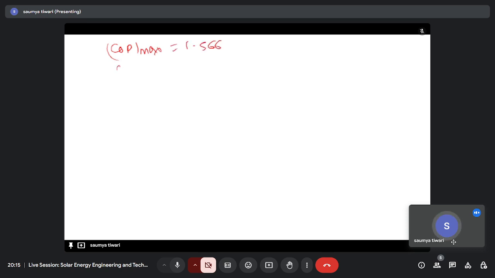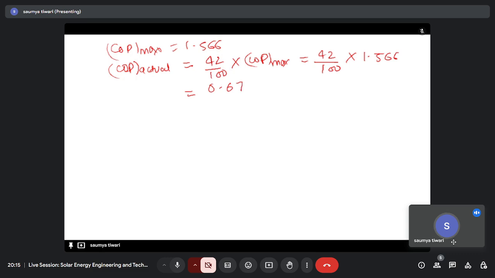The actual COP is already mentioned in the question, that it is 42% of COP max, right? So we can calculate the actual COP. It will be 42 upon 100 into 1.566. This will come to be 0.657 approximately. This is your actual COP.